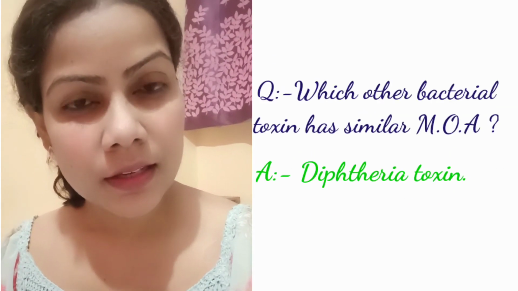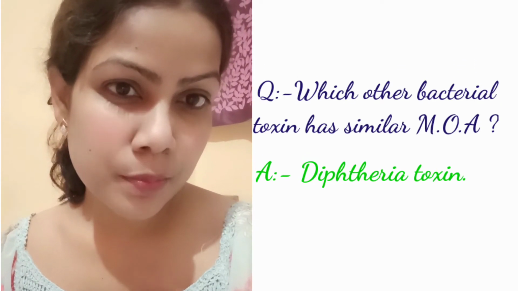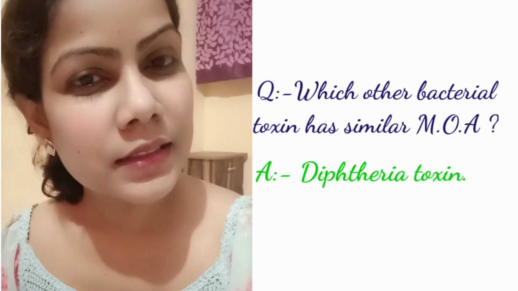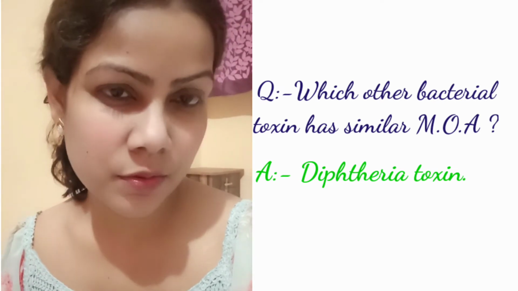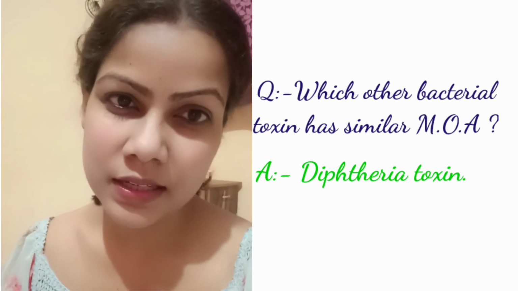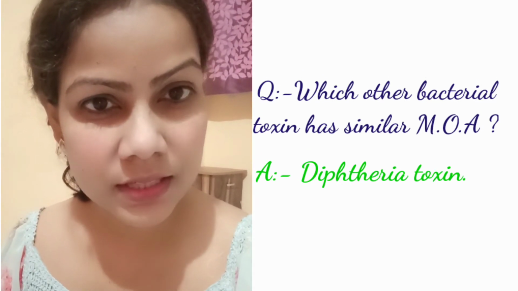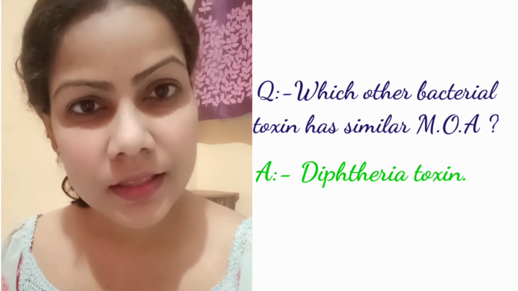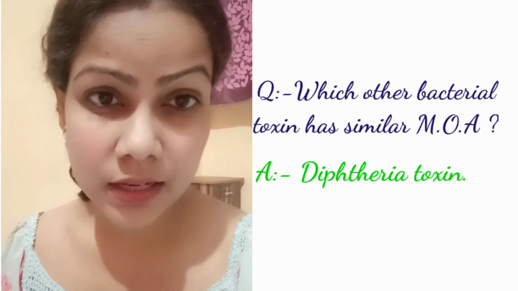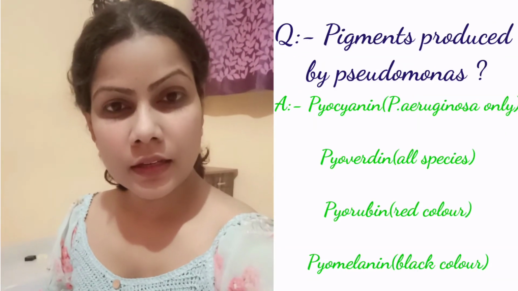Next is, can you answer which other bacterial toxin has the same mechanism of action as exotoxin A? Then your answer should be diphtheria toxin. Diphtheria toxin acts in a similar way, that is ADP ribosylation of elongation factor 2.